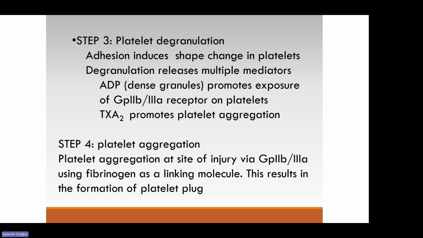Platelet aggregation at the site of injury: platelets aggregate at the site of injury via glycoprotein 2b3a using fibrinogen as a linking molecule. This results in the formation of the platelet plug. So the platelets that have been activated after adhesion express a second receptor, glycoprotein 2b3a.